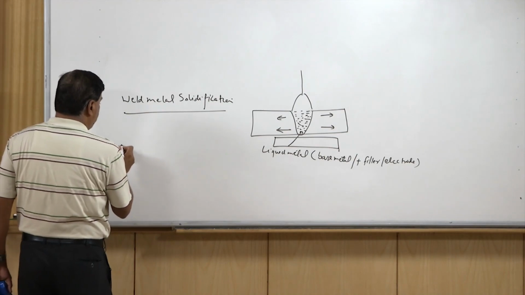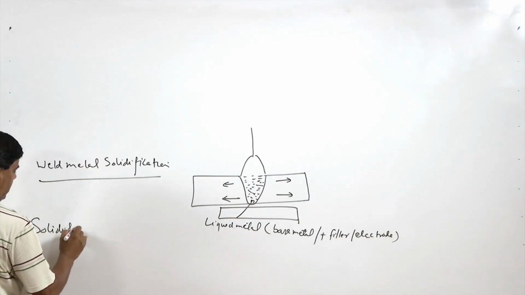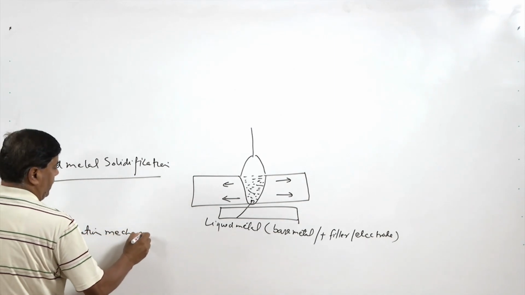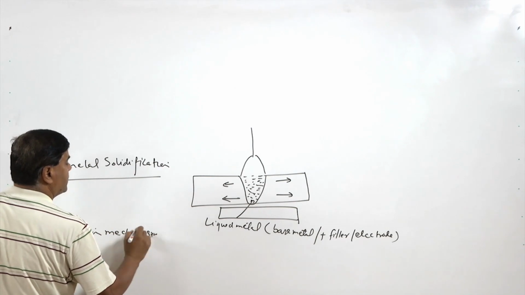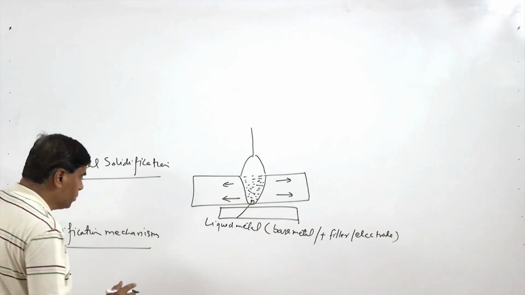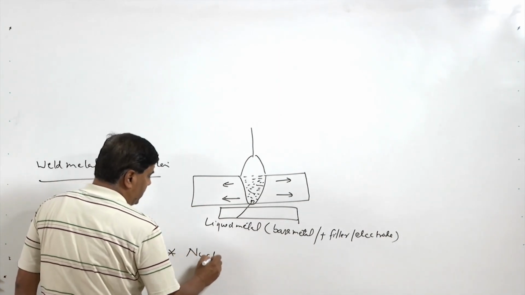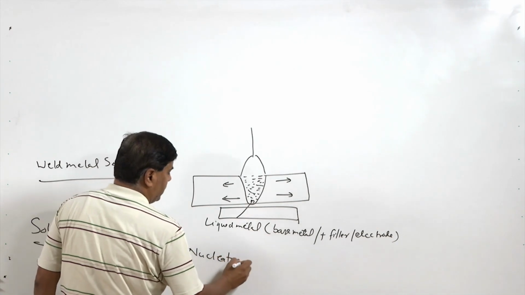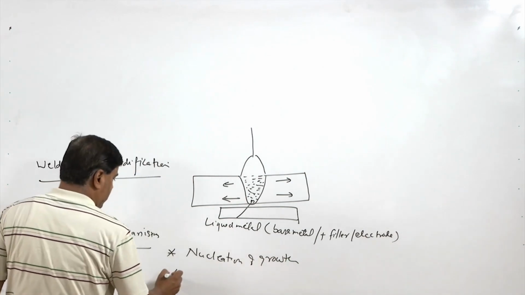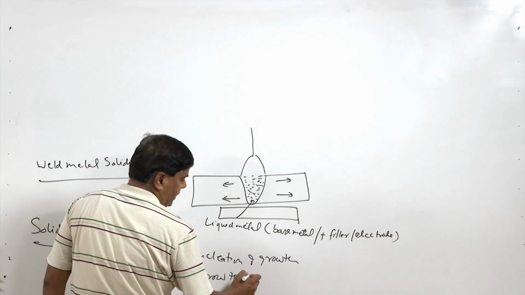So, solidification mechanism in welds can be of two types. One is the nucleation and growth steps, and the other is directly the growth step.